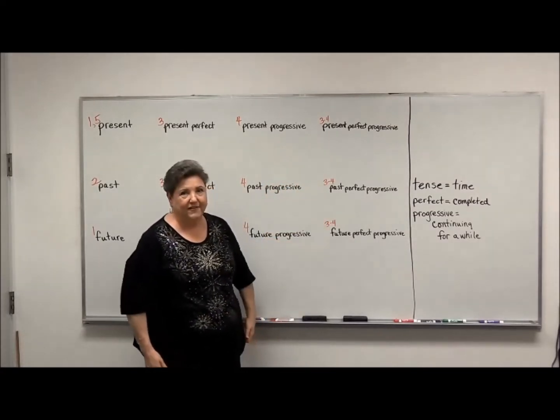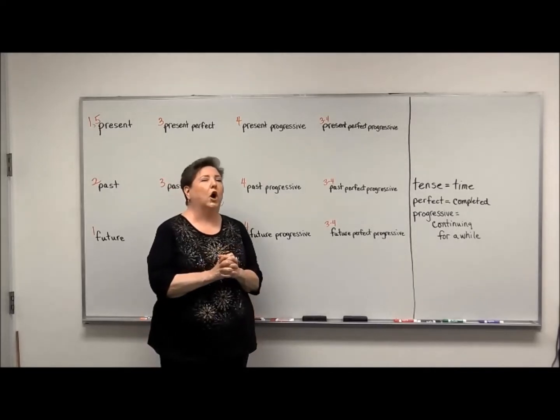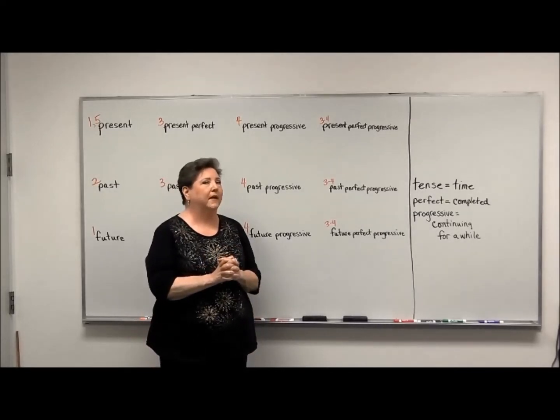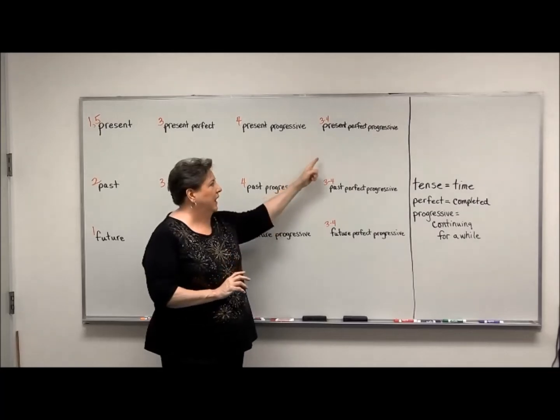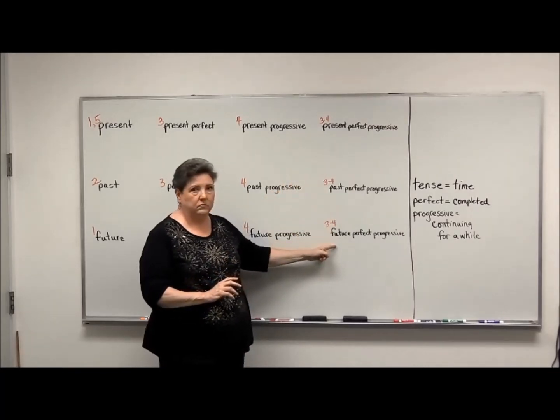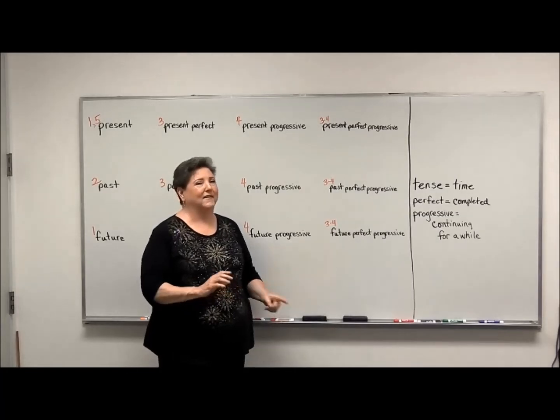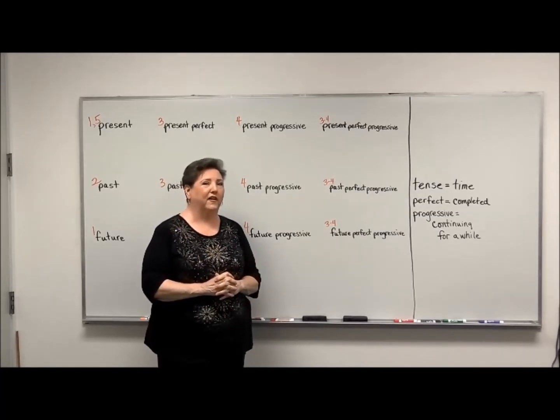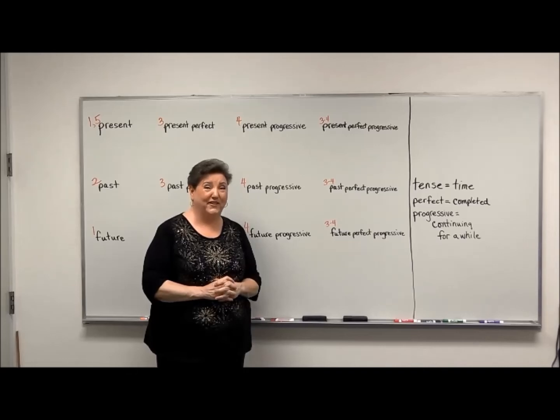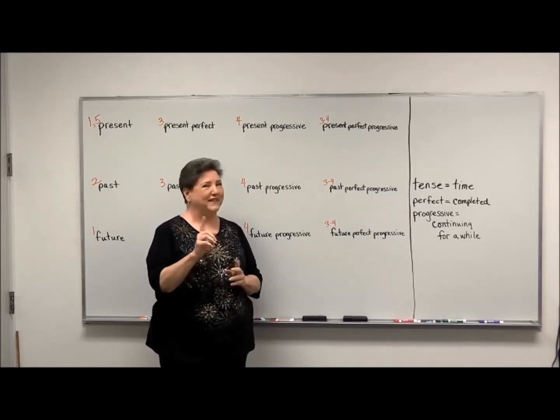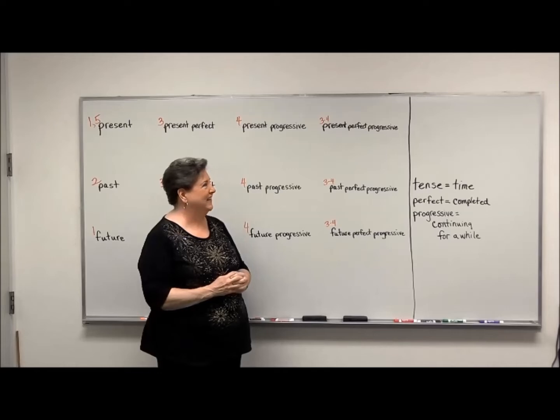Did you finish? I know what you're already thinking. You're thinking, I cannot learn those. That's going to be way too hard. Now wait a minute. So far, have I made it easier than you thought? We're not done.